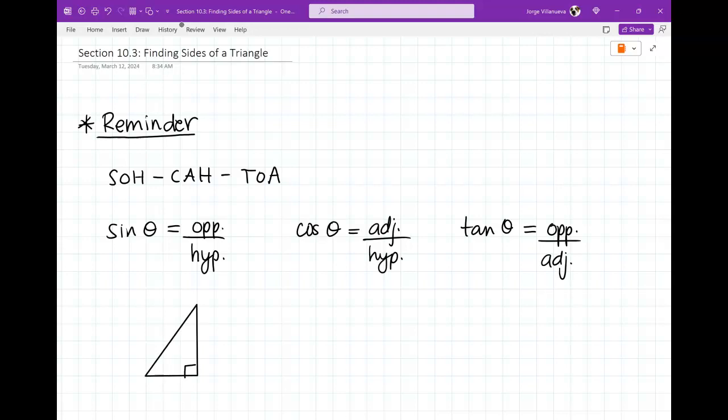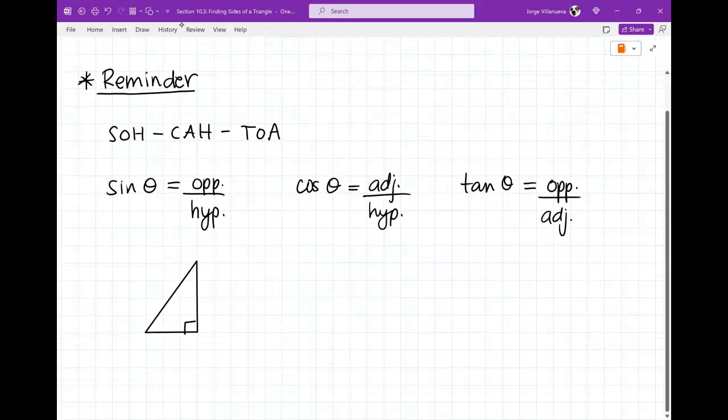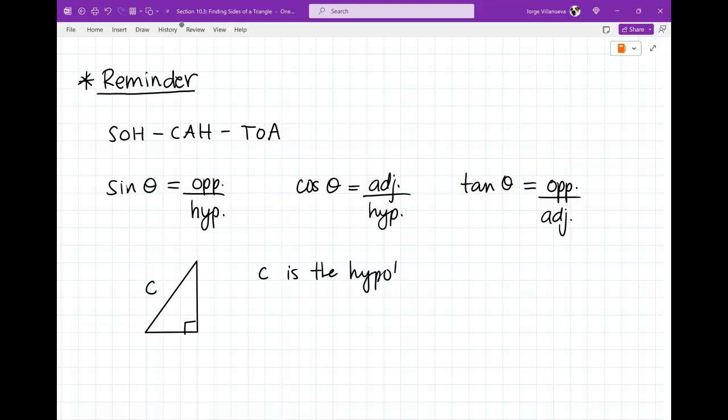All right, and if I was going to label the sides A, B, C, then this side right here has to be C. Okay, because remember the side opposite the 90-degree angle is called our hypotenuse. Okay, so I'm going to put that right here. C is the hypotenuse. All right, and remember the hypotenuse is the longest side of the right triangle.